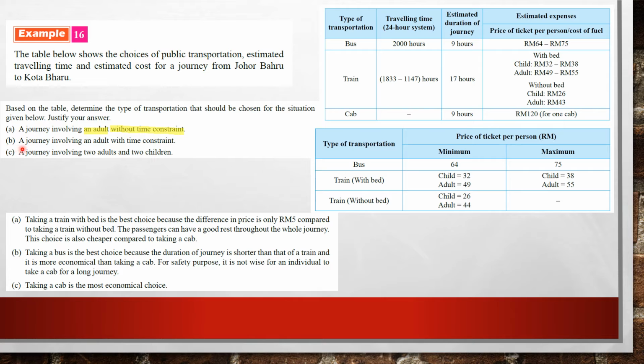So we look at part B, a journey involving an adult with time constraint. Now we have to highlight, just now it was without, now with time constraint. That means you have to consider the time now. So when considering the time, with the train you have to travel at night.